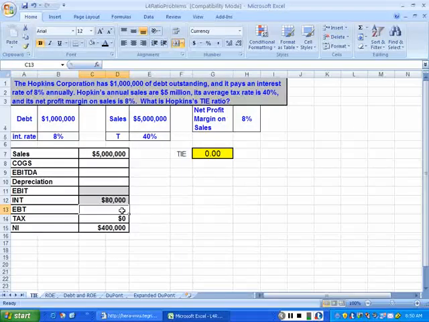Now the earnings before tax, 40% of that number is the $400,000 here. So if we wanted to work our way back around this, what we would find is that earnings before taxes times this 40% equals the $400,000.